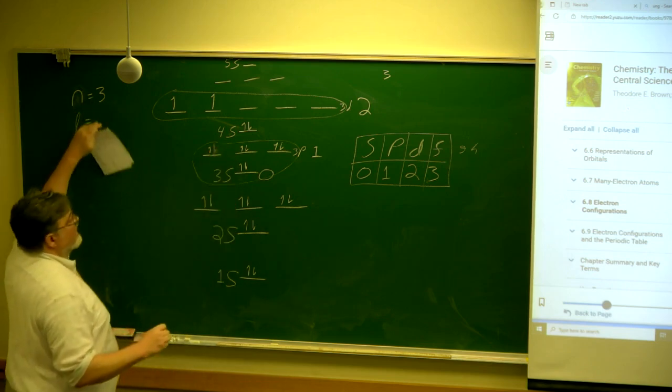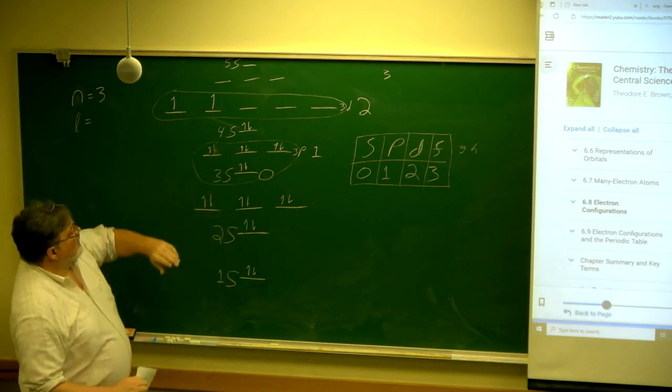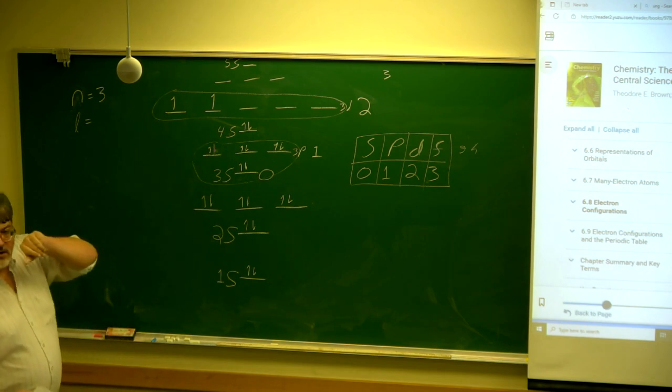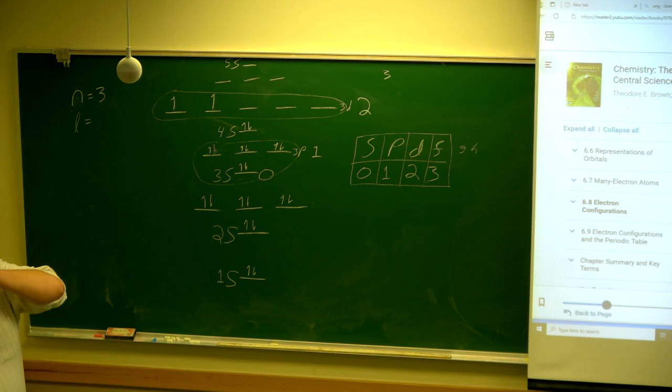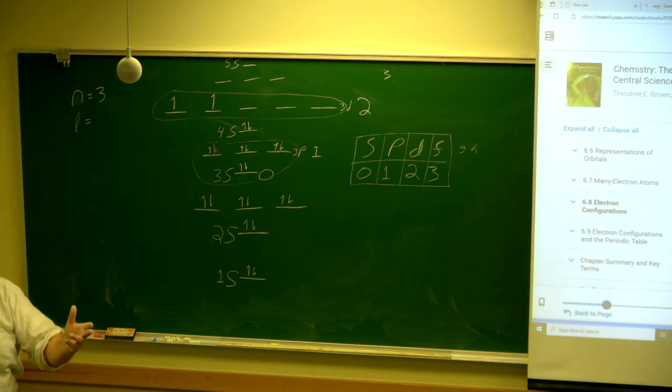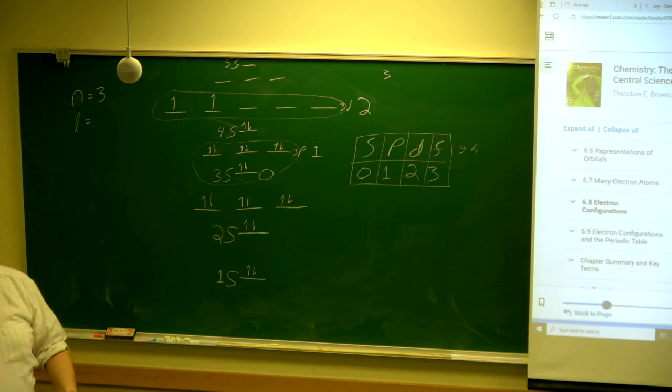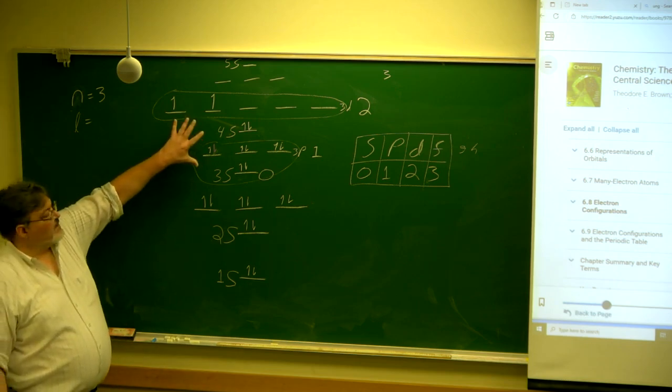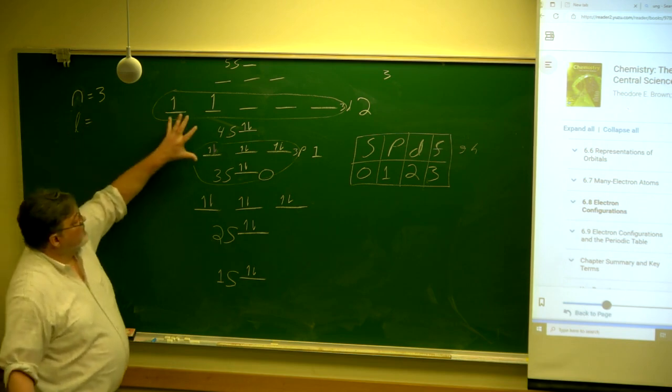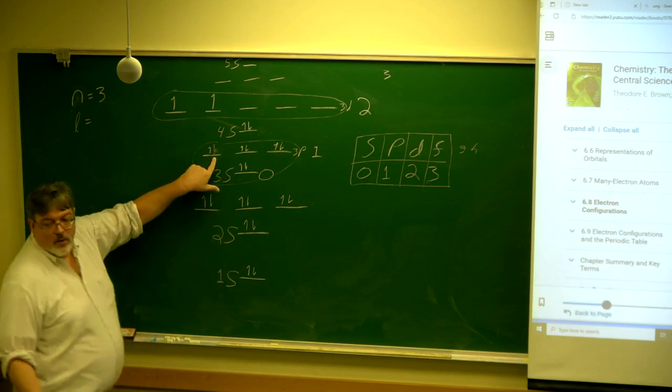This is kind of like an addressing system for an electron. Like you're sending a letter somewhere, and the first thing they do at the post office, they'll sort it into different states, and then they'll sort it into different zip codes, and then they'll sort it into different neighborhoods. Here's our first designation. We're in level number 3, so we're somewhere in here, and we're trying to specify this one electron right here.